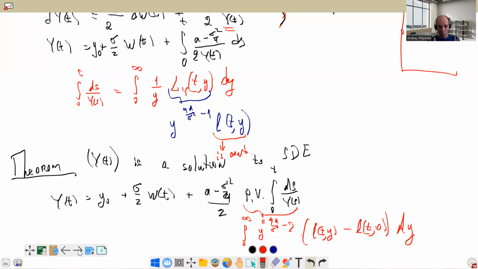So y is a strong solution of this equation. Well, this result was proved by Bertoin, but his proof is very different from ours, and actually is complicated.